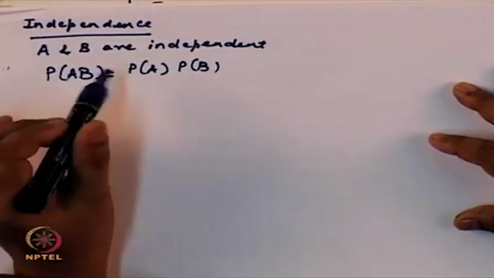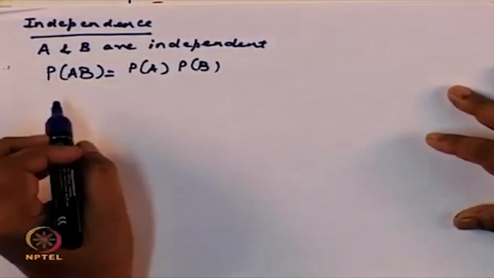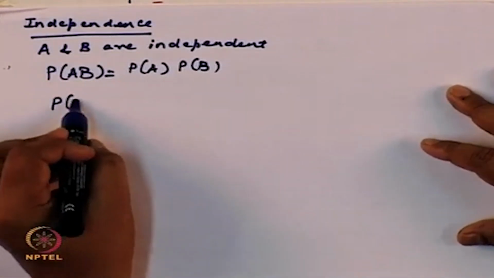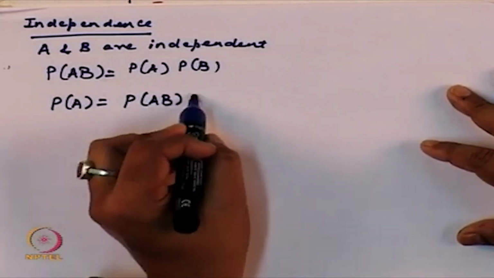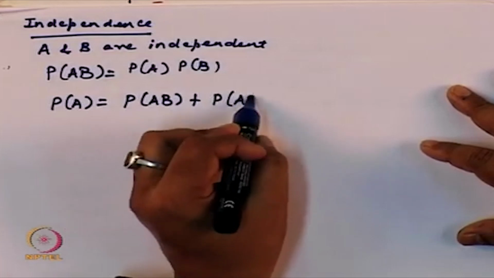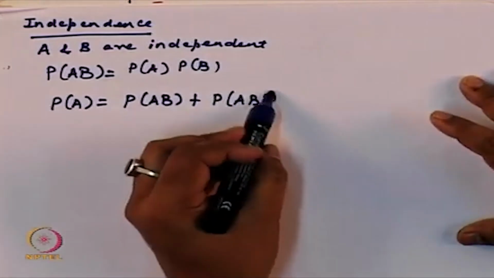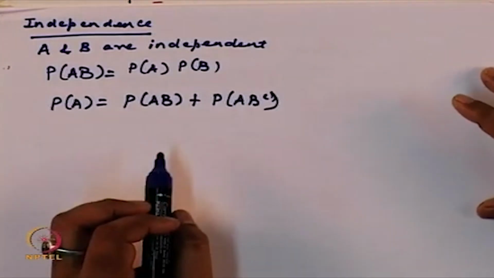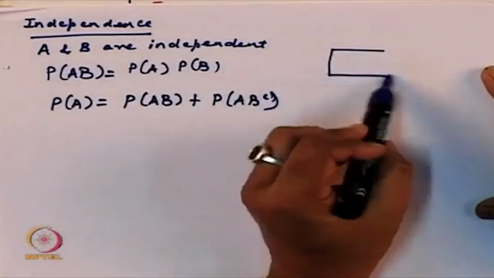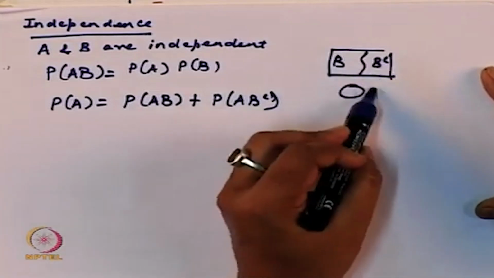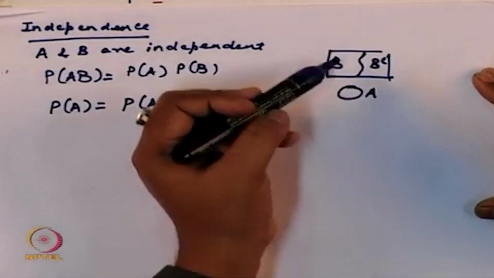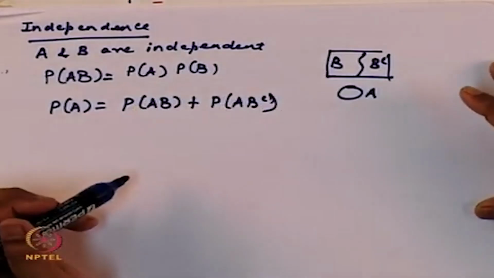Now, what follows if A and B are independent? I can write probability of A as probability of AB plus probability of AB complement. Here this is your event B, this is your event B complement, and this is your event A. They are independent, so I have drawn them separately.